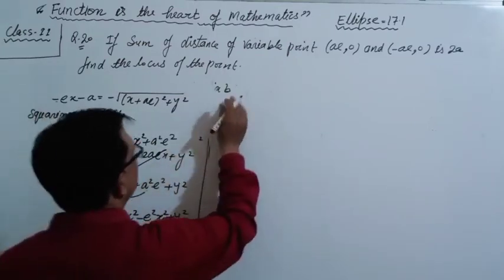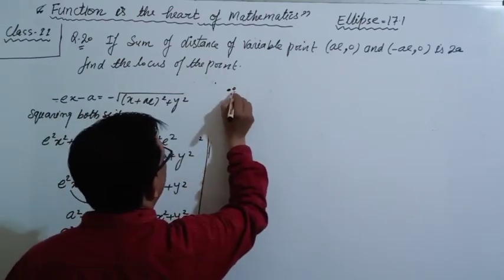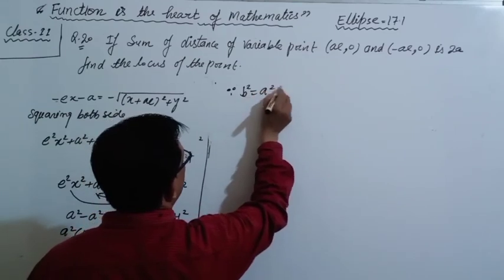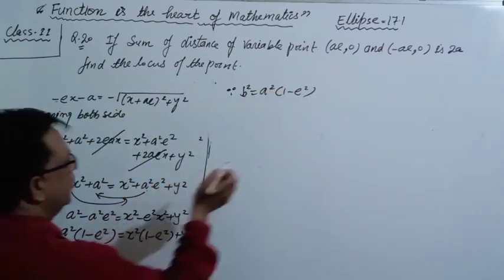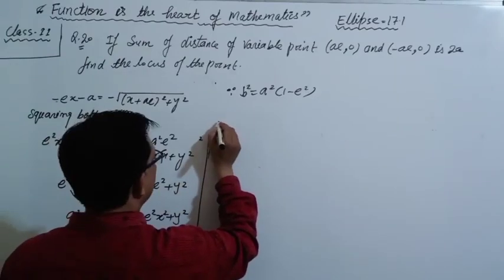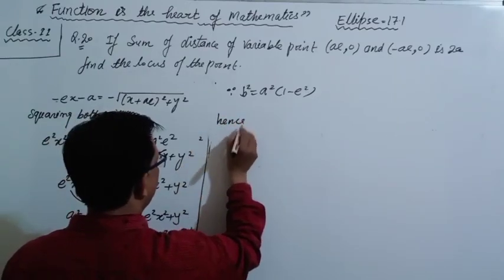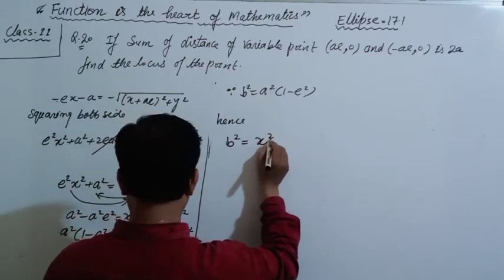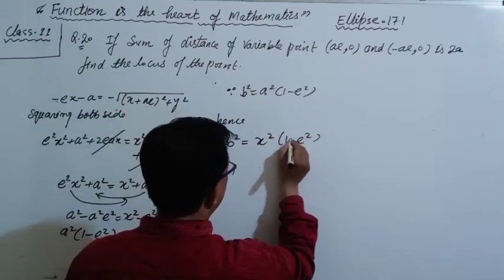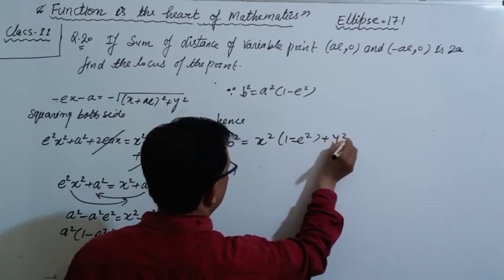Now students, we know that b square is equal to a square times (1 minus e square). So here we put the value of b square. Hence b square is equal to x square (1 minus e square) plus y square.